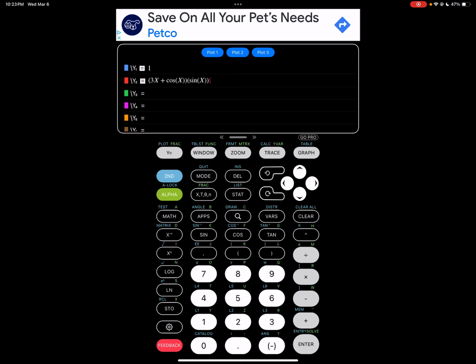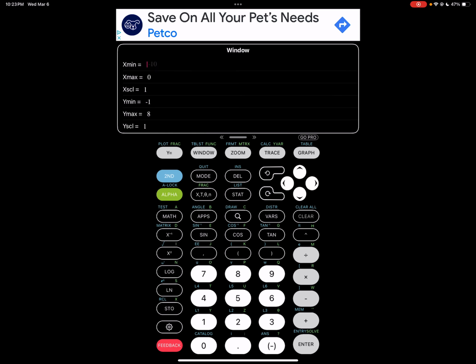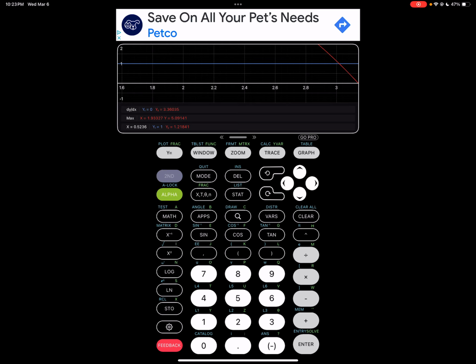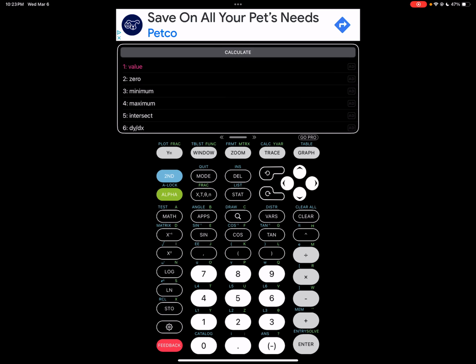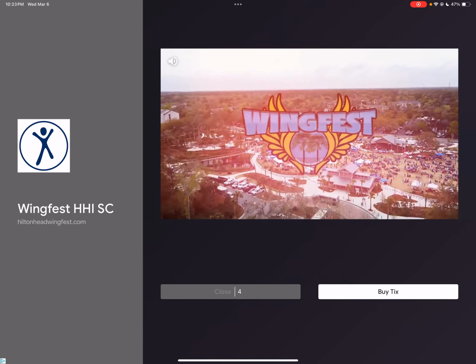This is from pi over 2 to pi, so I'm going to change this to be pi over 2 and pi. We also want to make sure that since my y-coordinate is 1, I have it between negative 1 and 1, let's say, or 2. Graph it. Find my intersection.